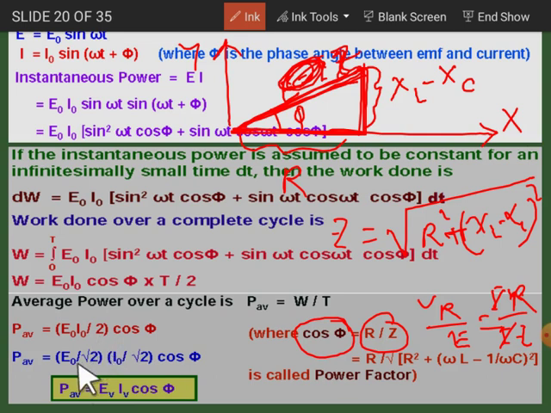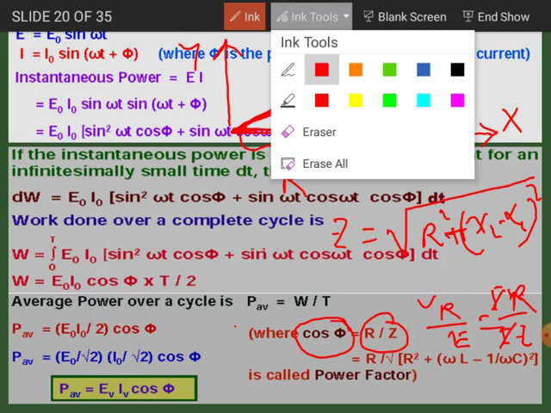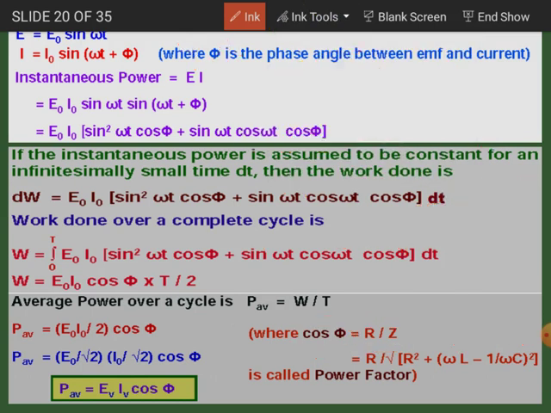So instead of the peak value of the EMF and current, we can replace it by its RMS value or virtual value, or we also call it the effective value. We have already done this in the first video, right? So instead of E naught and I naught, we can replace it by EV and IV, where EV and IV are nothing but the virtual values of the AC EMF and the current. Got it?